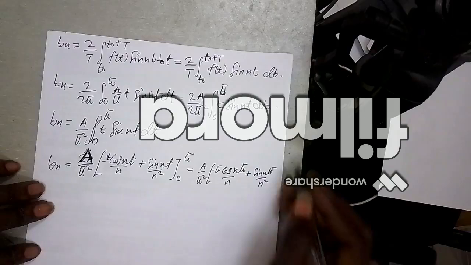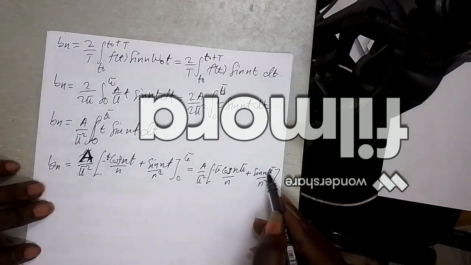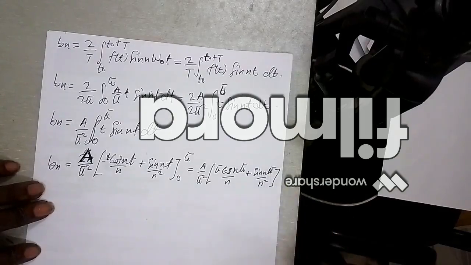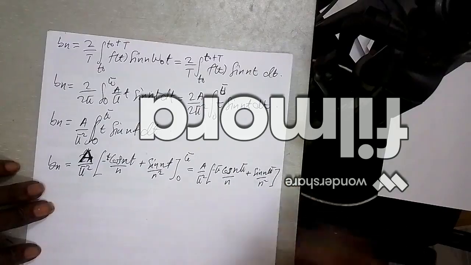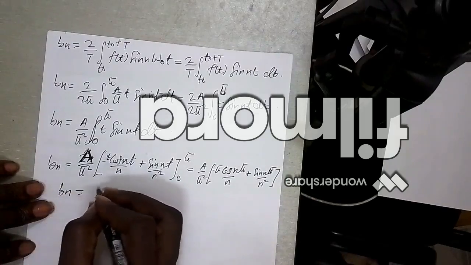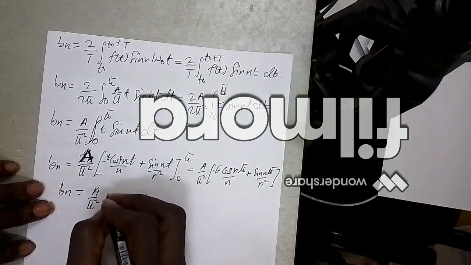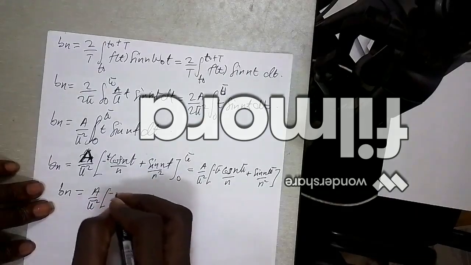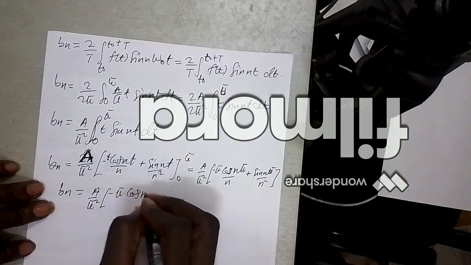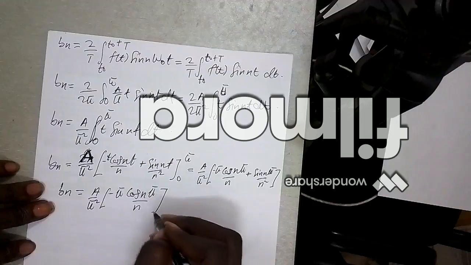And even here, sine n pi: if n is 1, sine pi is 0. If n is 2, sine 2 pi is 0. If n is 3, sine 3 pi is 0. So this becomes a over pi squared into minus pi cos n pi over n, because this place becomes 0.